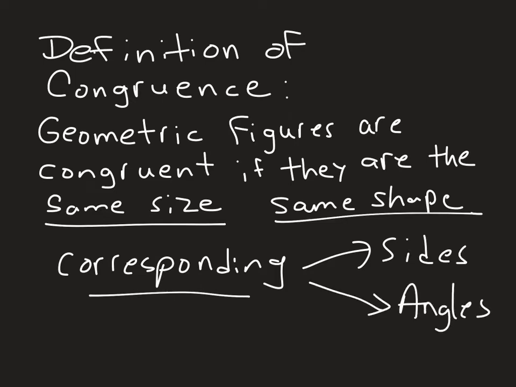The word corresponding you can think of as meaning to match. Each side in one figure is going to match, or correspond to, another side in the other figure, and it's a one-to-one correspondence.